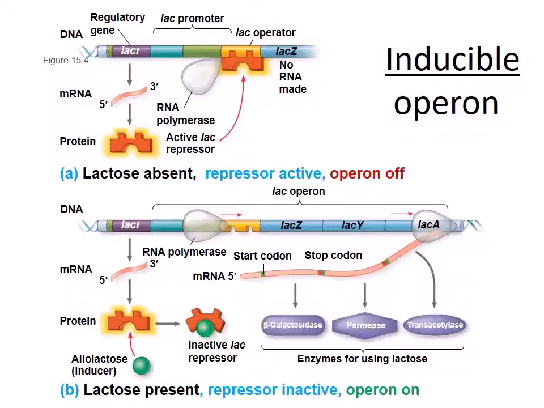However, if lactose is present, the allolactose can bind to that repressor, and then the repressor is going to be removed from the operator, so RNA polymerase can bind to the promoter region and the DNA can be read to produce an mRNA, and that mRNA can be read to produce the enzymes that help the cell use lactose. So an inducible operon, again, is one that's normally off but can be turned on.